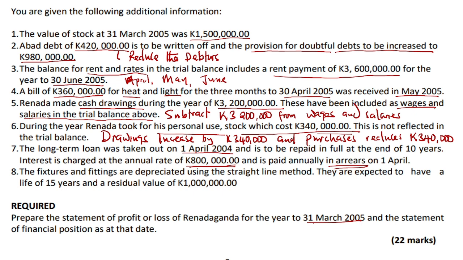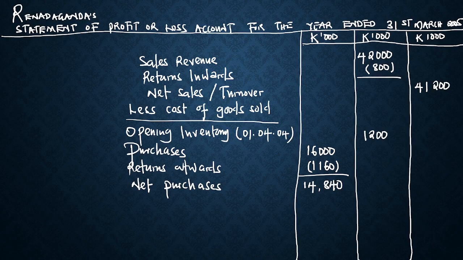So that one is going to reduce our purchases. Our purchases is going to reduce, then our drawings is going to increase.